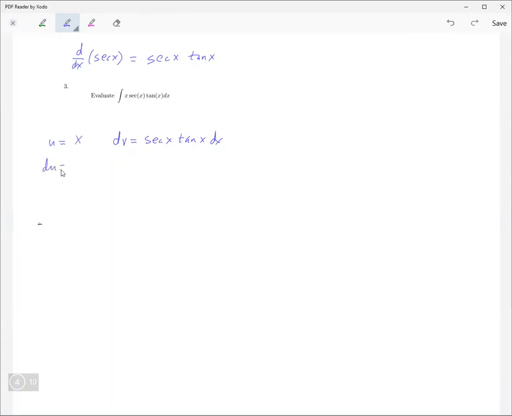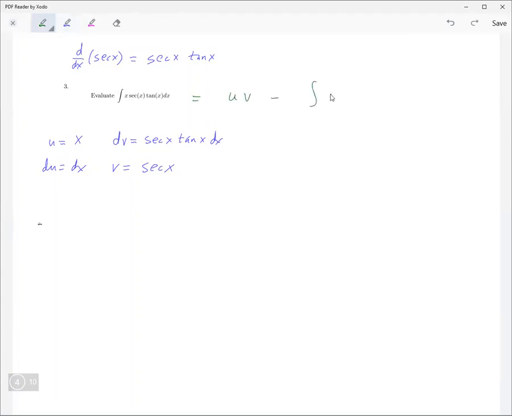So then du is just dx, and the v would be secant x, because we can see that the derivative of secant x is all this. So make that my dv. That way my v becomes just secant x.